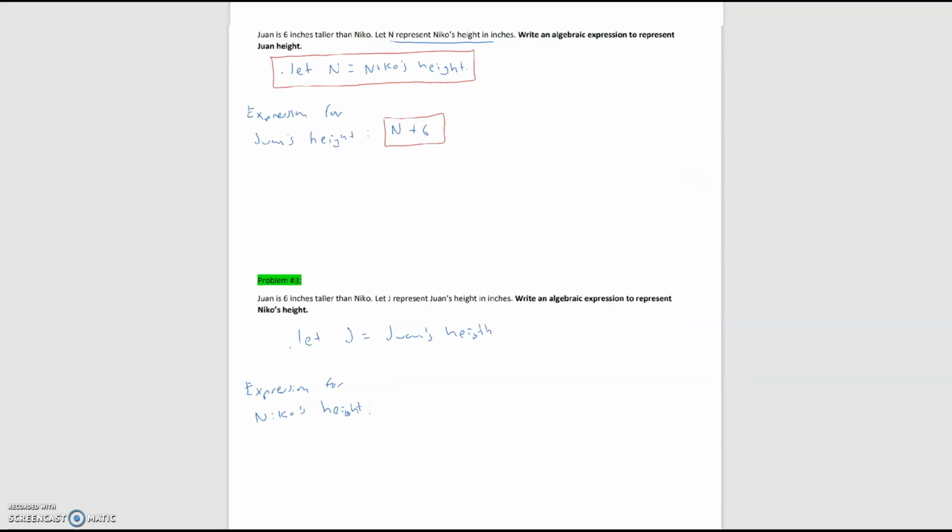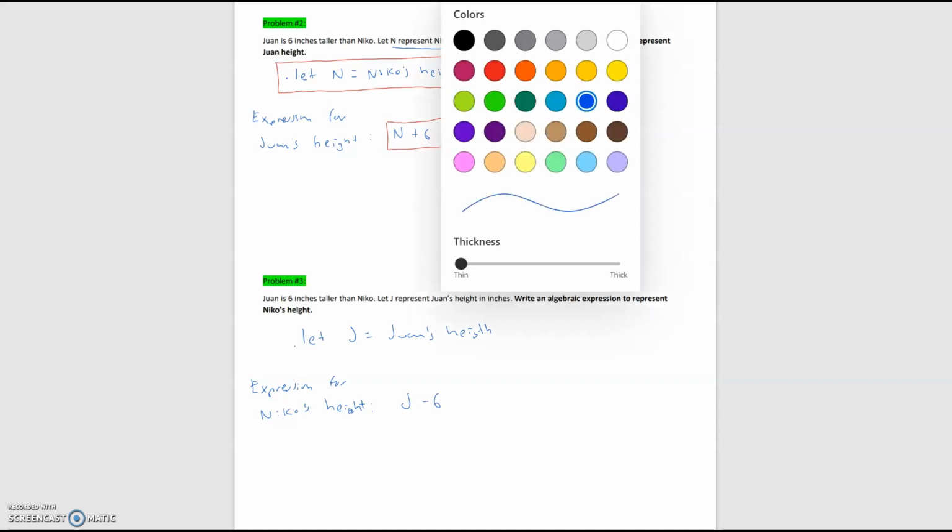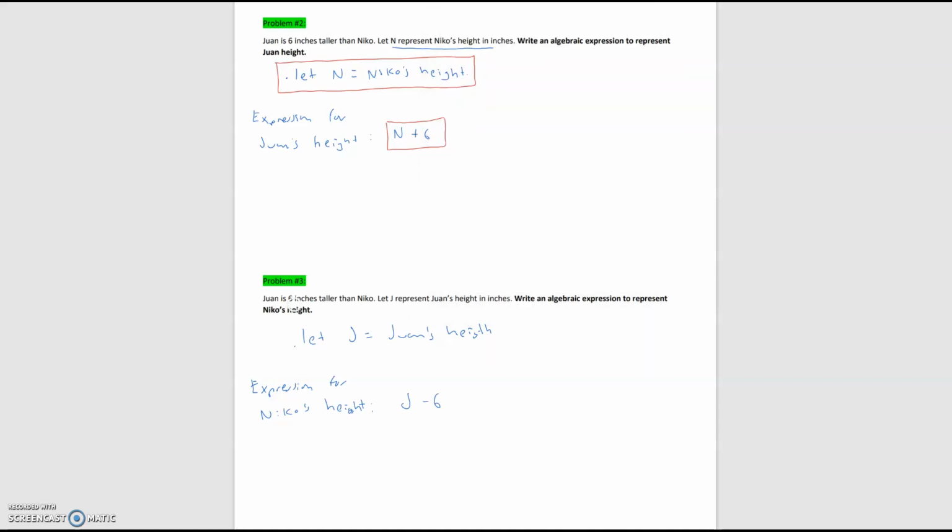From the perspective of Nico, we're going to have Juan's height minus 6. And that's because Juan is 6 inches taller than Nico.